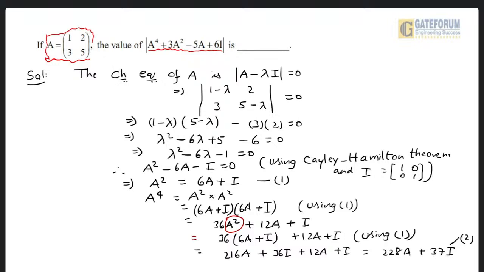Now substitute 1 and 2 in the polynomial matrix A power 4 plus 3A square minus 5A plus 6I is equal to.